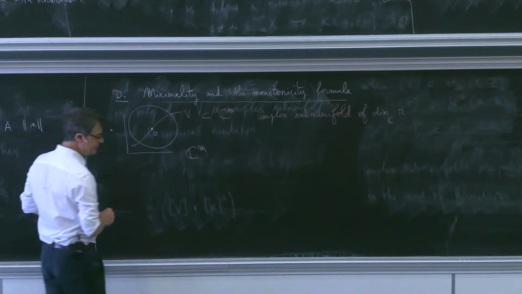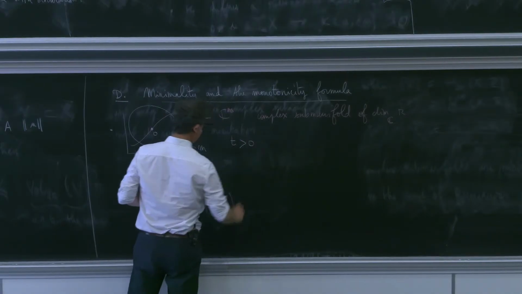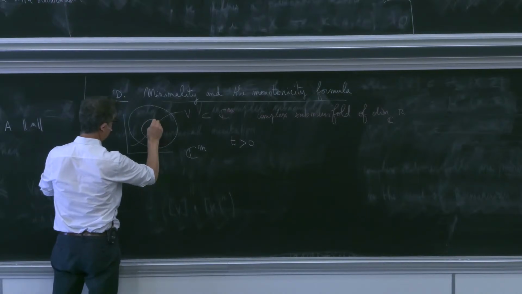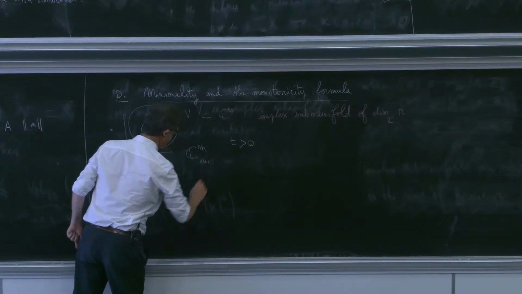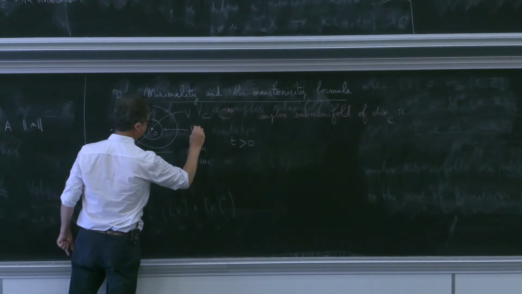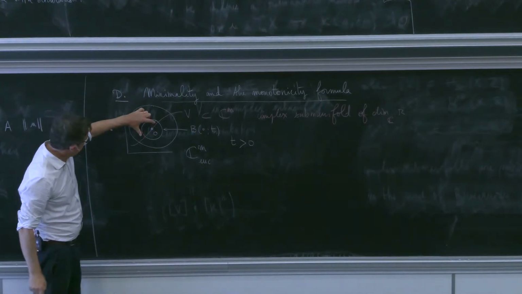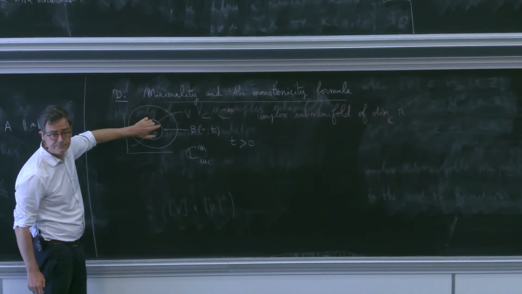And then what I do is the following. For t positive but small, I look at the ball of radius t for the Euclidean metric in C to the m. I intersect my ball with V, and I compute the volume of this.